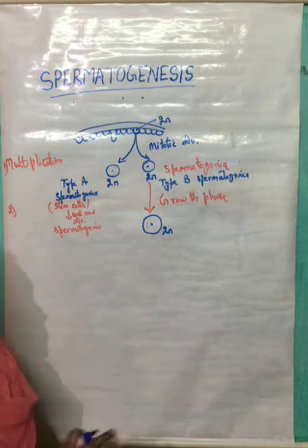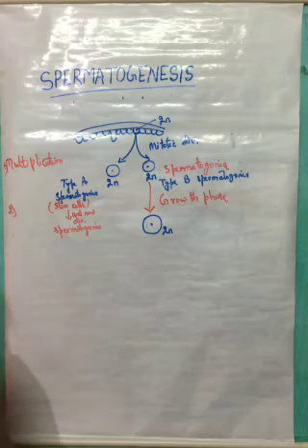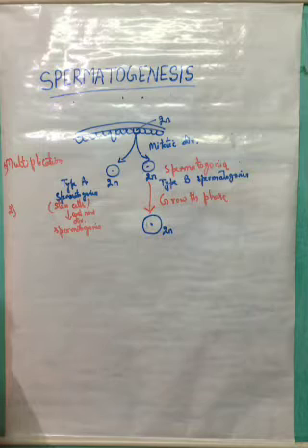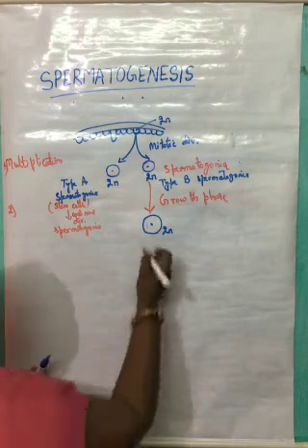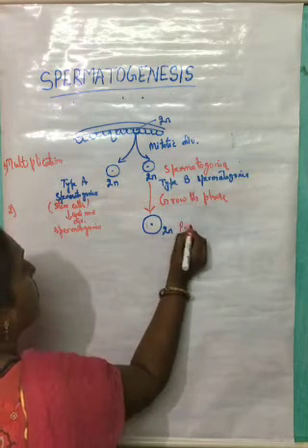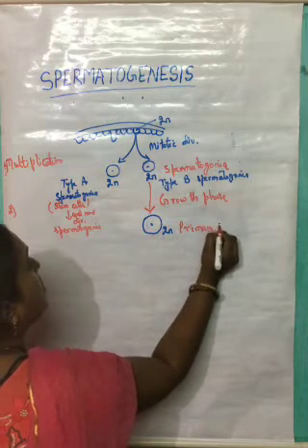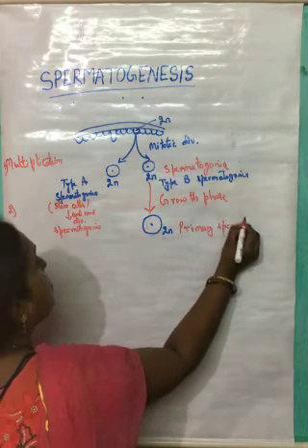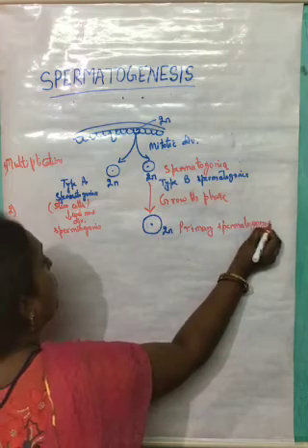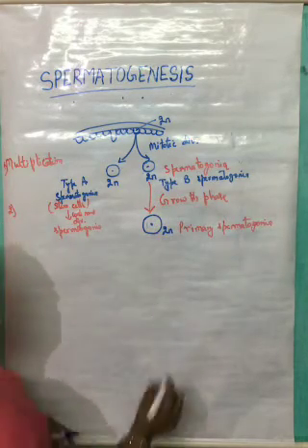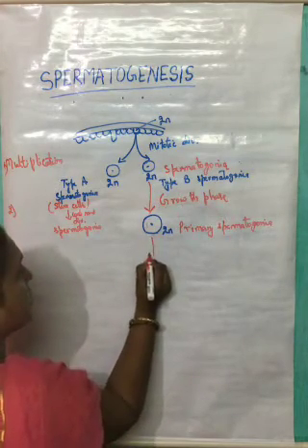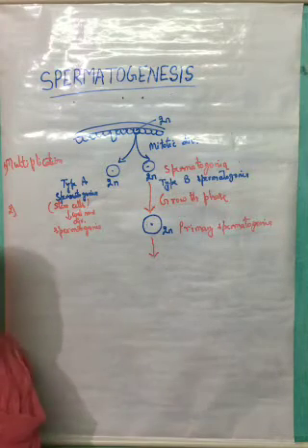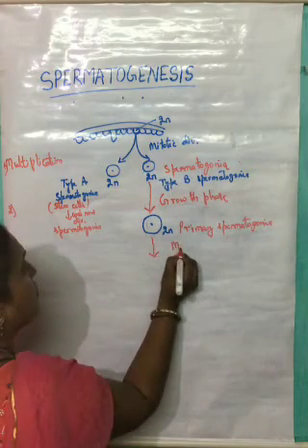So this is the second phase, known as the growth phase. After this growth phase, this primary spermatogonia which has developed will now undergo the next phase, that is known as the maturation phase.